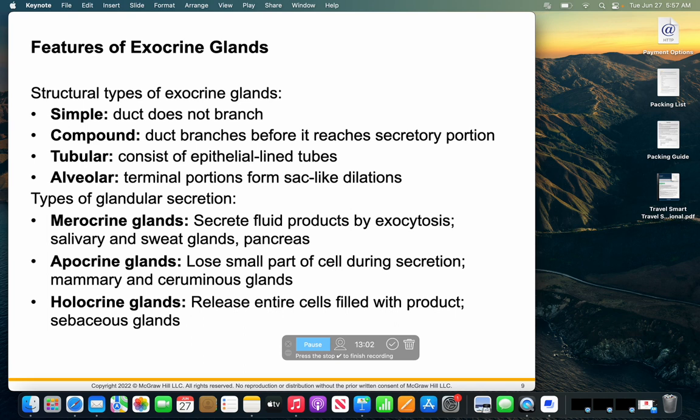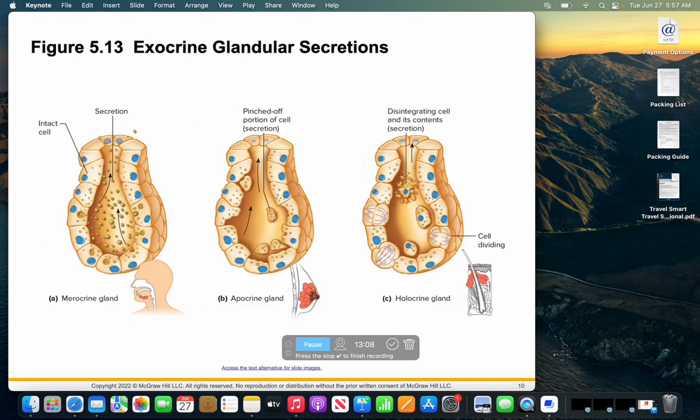It's just the fluid through exocytosis. A piece of the cell is broken off for apocrine, and the whole cell breaks off for holocrine. And so here are visuals of that. So salivary glands, this would be some sweat glands, tears, apocrine, mammary glands, and then holocrine is like sebaceous glands.